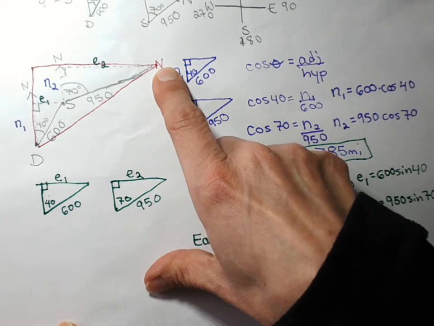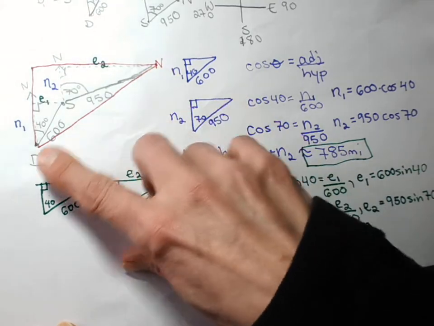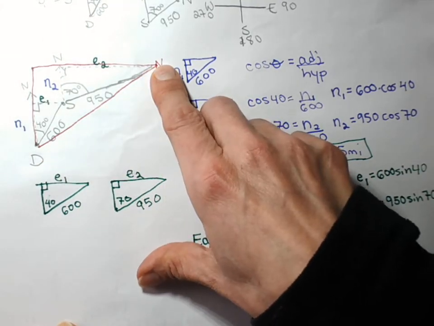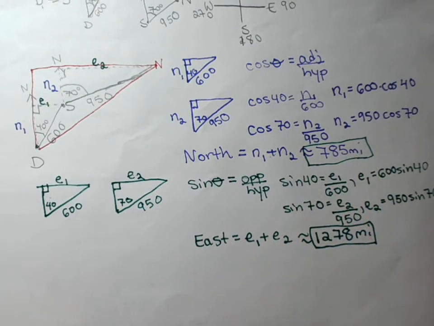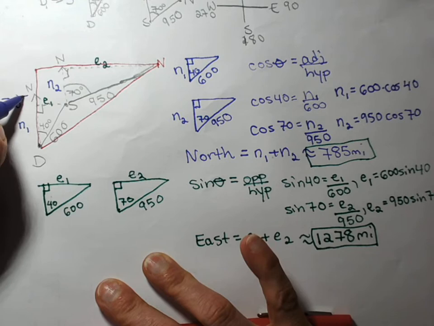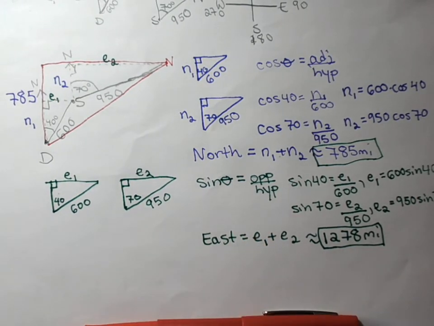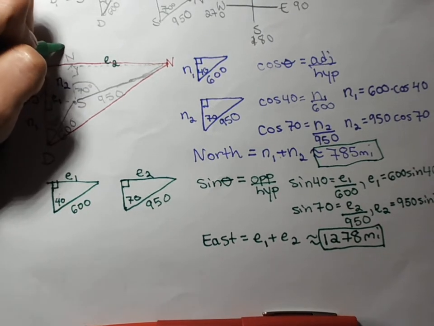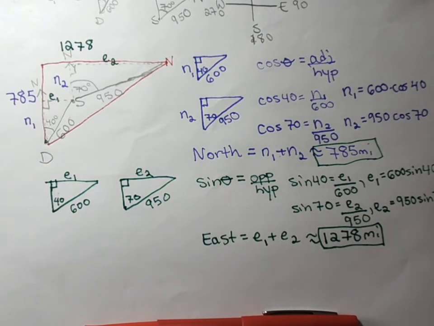Say Lizzie took a flight or drove straight or flew straight from Dallas to New York. We could find that distance using these two lengths. The north distance is 785 miles. And then our east distance, that was the bigger one, 1,278 miles.